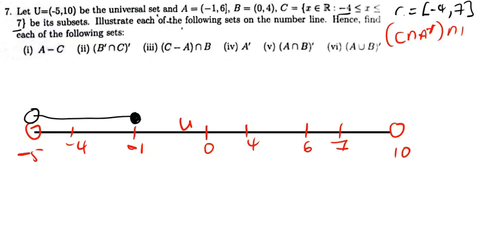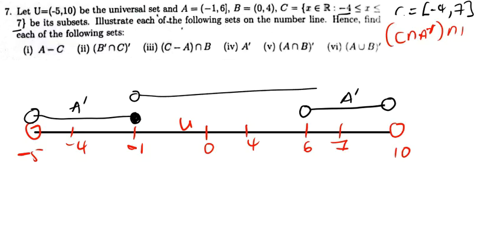Since 6 is included, the complement is not going to be included going this side. So it's A complement. We are excluding -1 to 6, so we don't want this part.